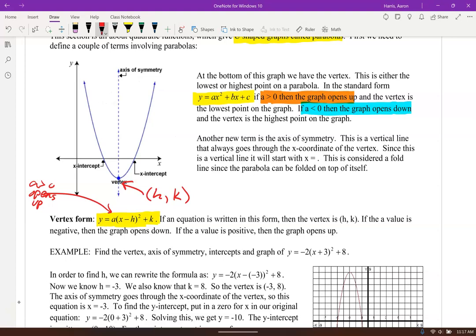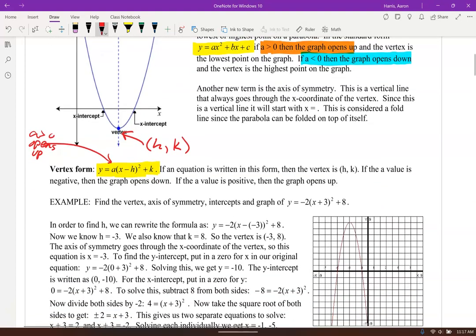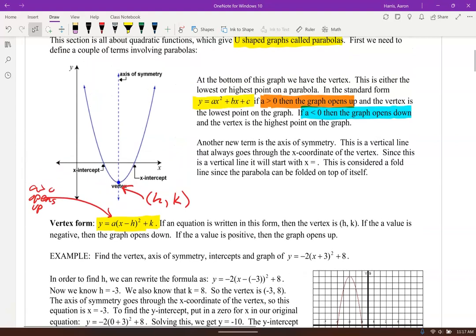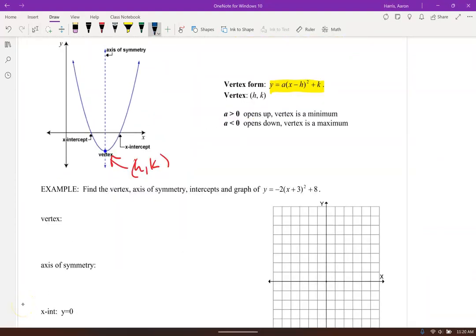Okay, so let's go ahead and put this in. Looking at this first one, I'm going to write my vertex form above it. Here's the one we have: negative 2 times the quantity x plus 3 squared, plus 8.